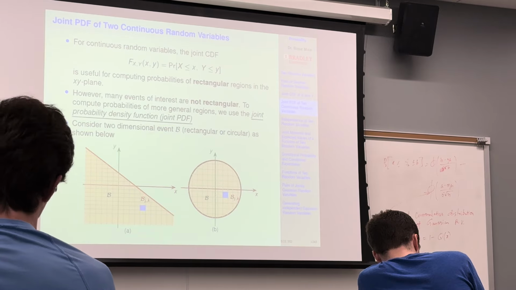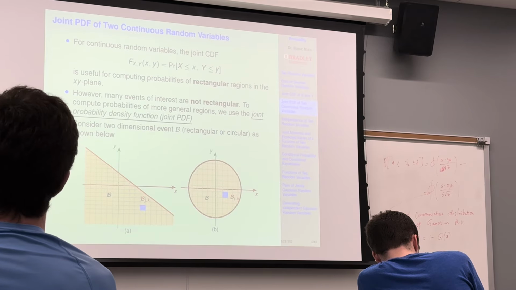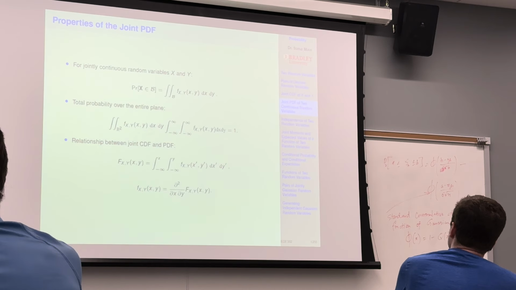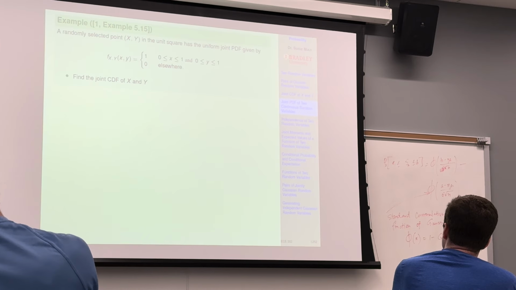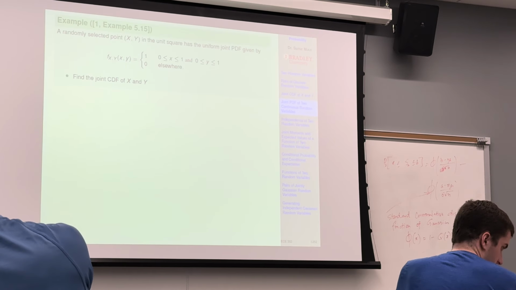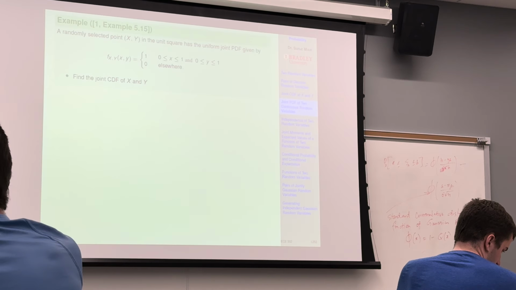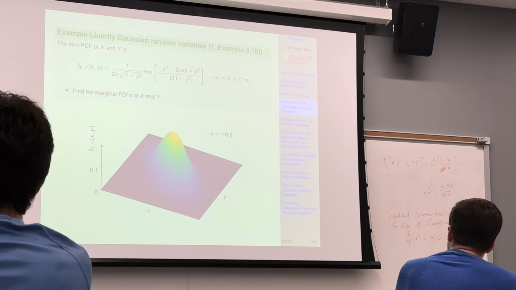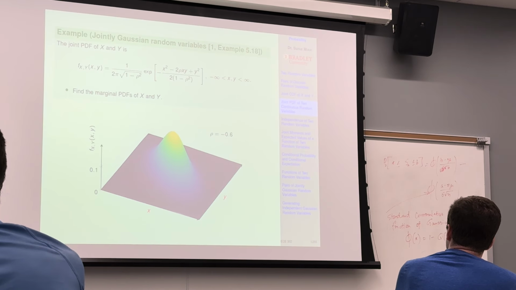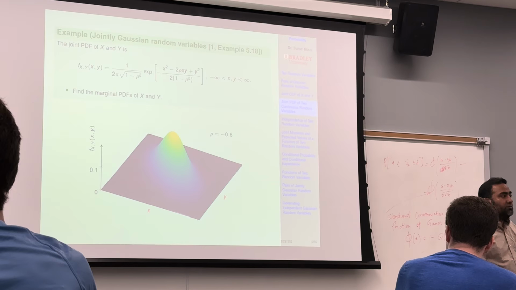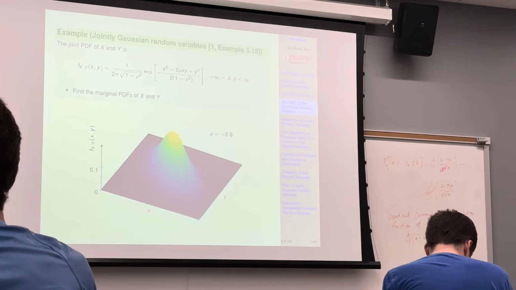Okay, now we are moving on to the joint PDF, the probability density function. Among all the examples that we went through, the most important topic from this chapter is going to be the jointly Gaussian random variable.